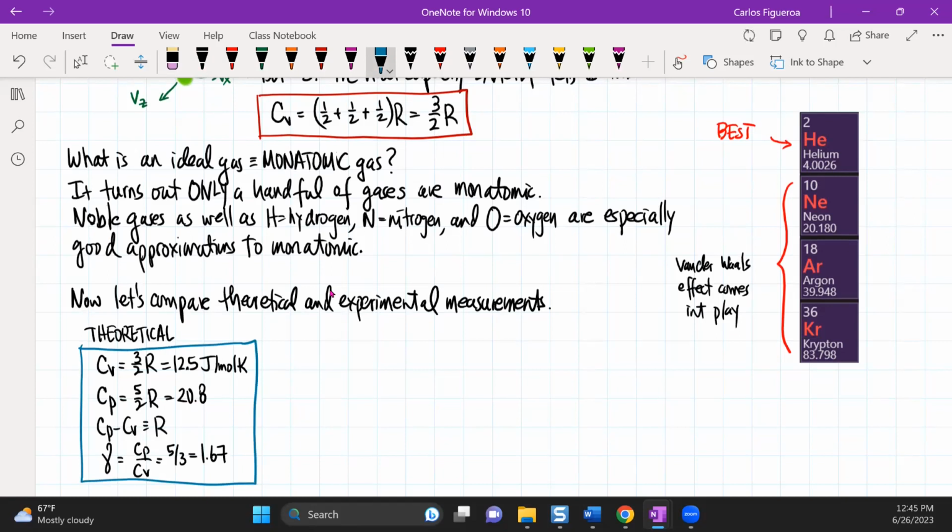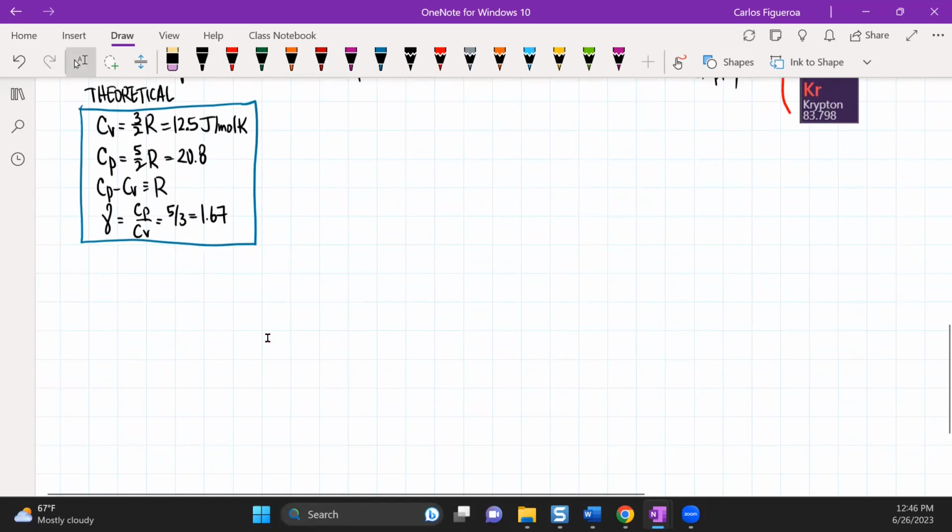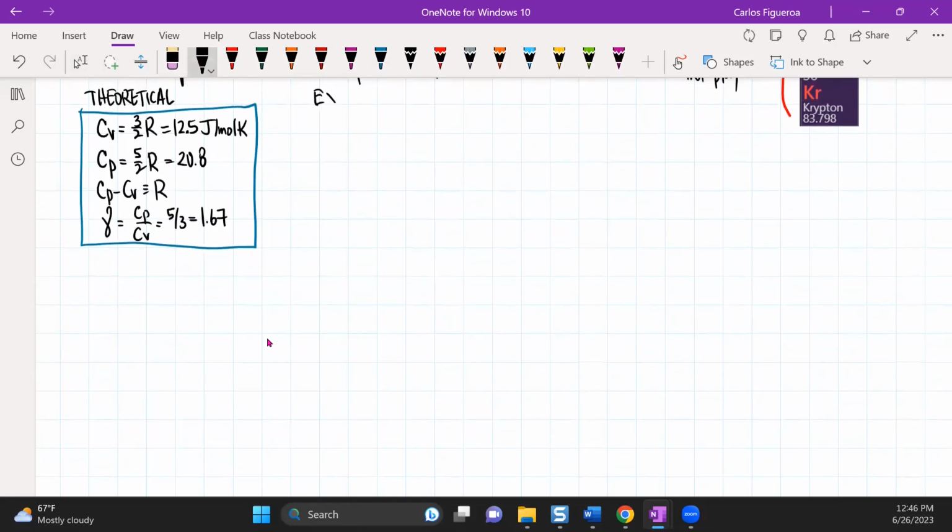Now remember, we have cherry-picked these values, okay? So now we have the experimental. Like, for example, if you applied this to lithium or beryllium, these values are not nearly as good.